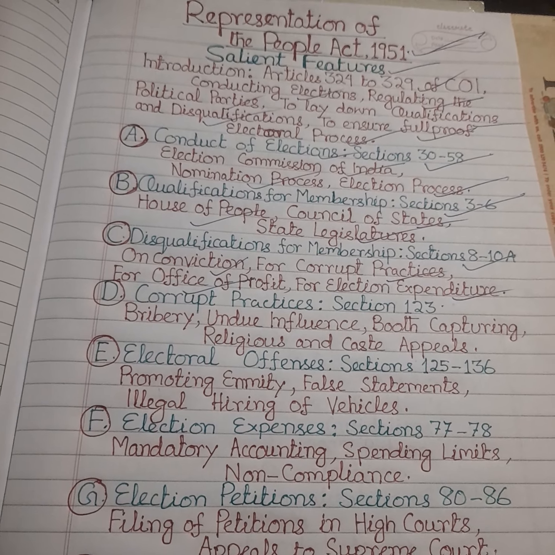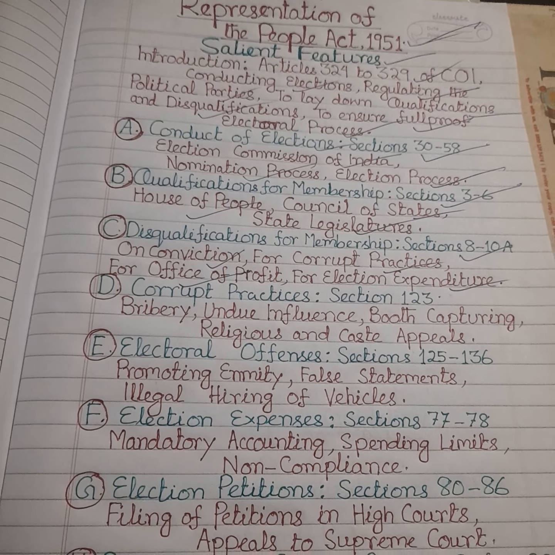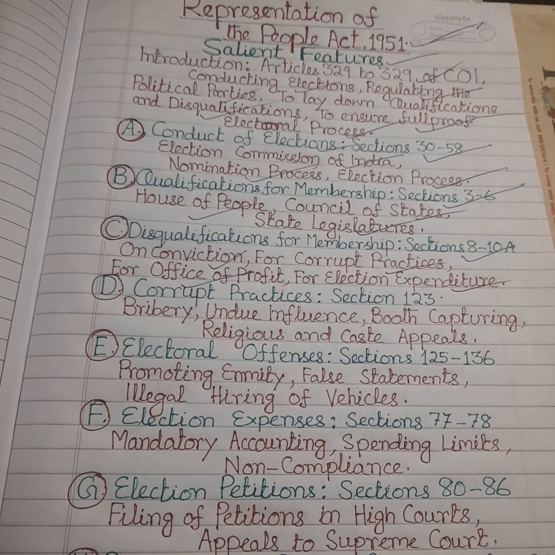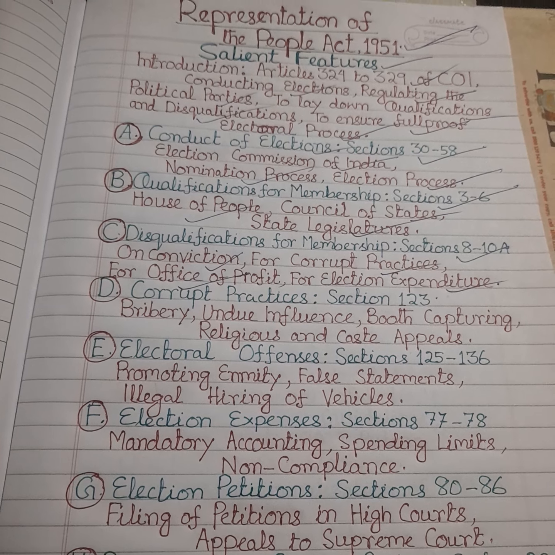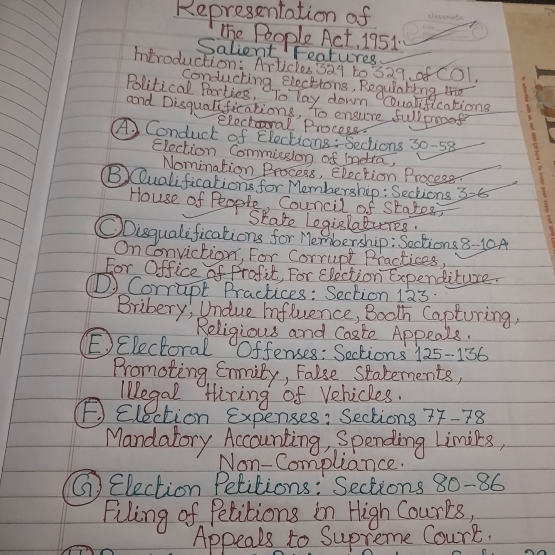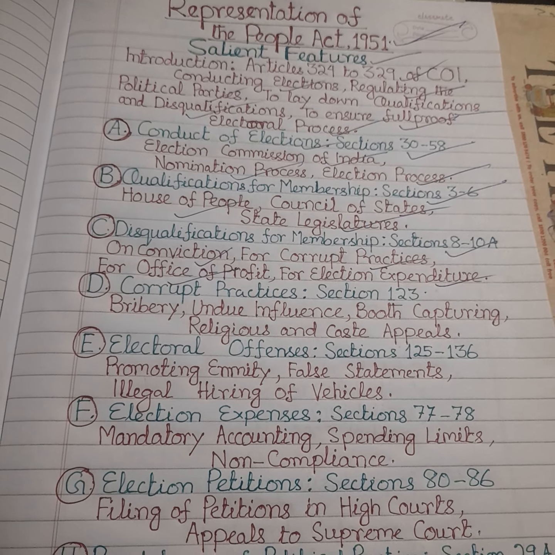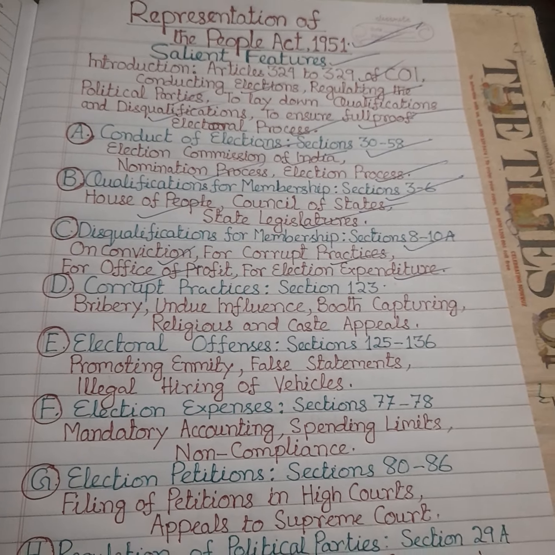So the provisions regarding grounds for disqualification include conviction for certain offences, involvement in corrupt practices, failure to declare election expenses, and interest in government contracts or works.